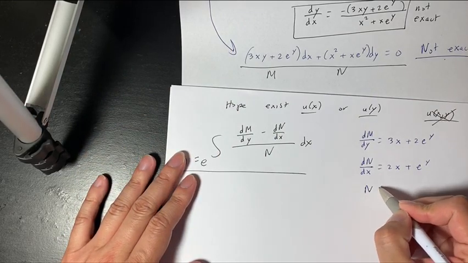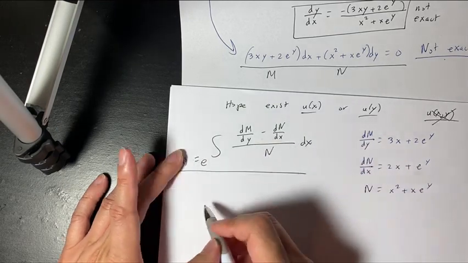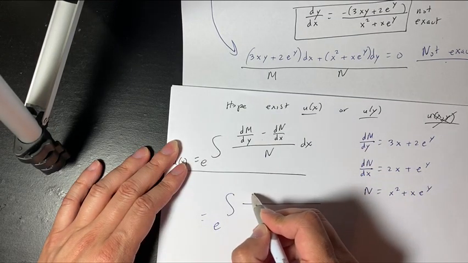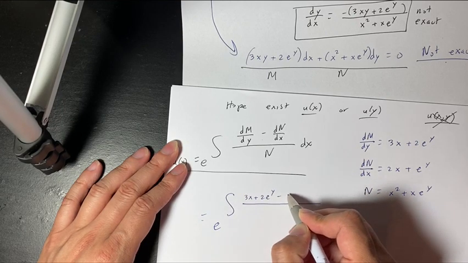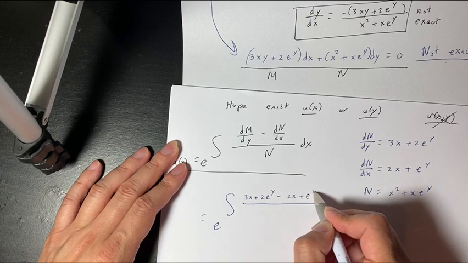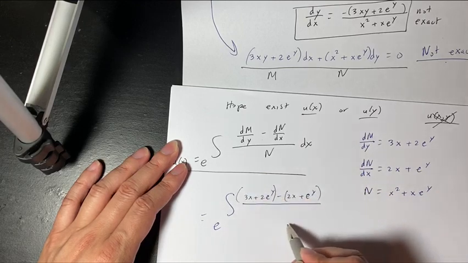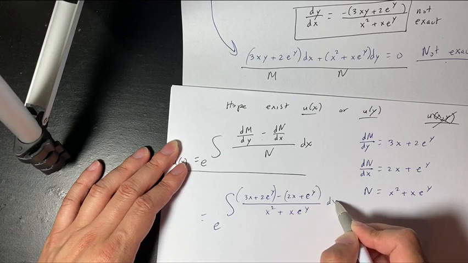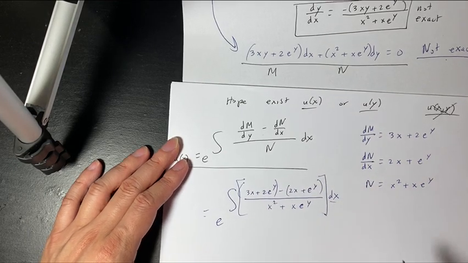And what is my n? It's x squared plus x e to the y. So I'm going to plug that right in. So this is 3x plus 2e to the y minus 2x plus e to the y, and you're subtracting the whole thing, and then divided by x squared plus x e to the y. And you hope this is all in terms of x, so I can integrate with respect to x.